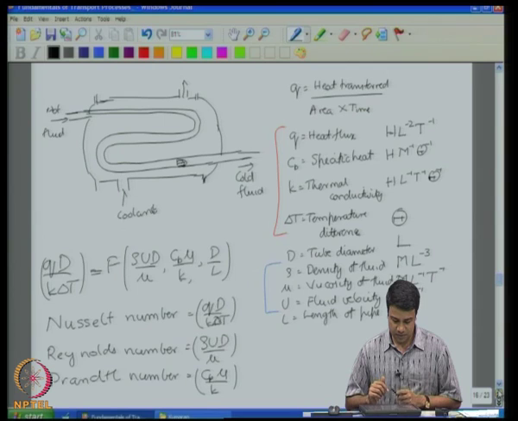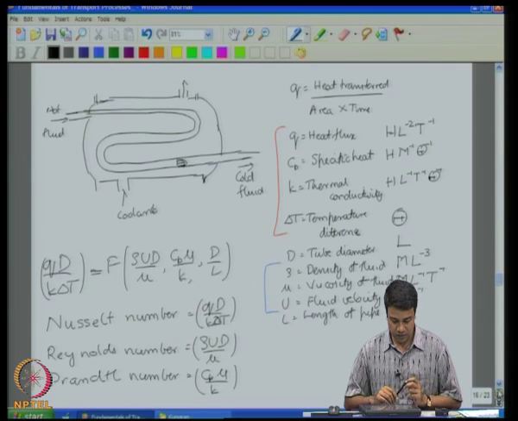And we made one simplification. We said that since thermal energy and mechanical energy cannot be interchanged, we can consider thermal energy as one fundamental dimensional group. That increased the number of dimensional groups and reduced the number of dimensionless groups down to 4.